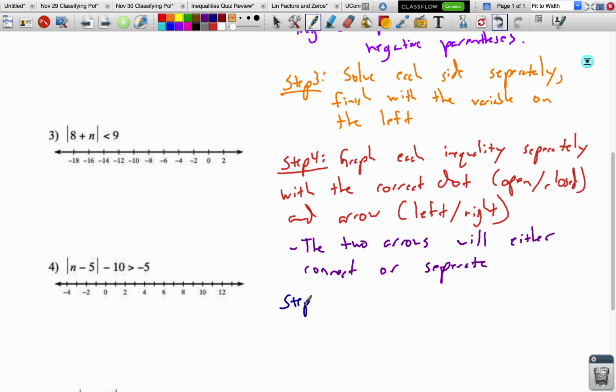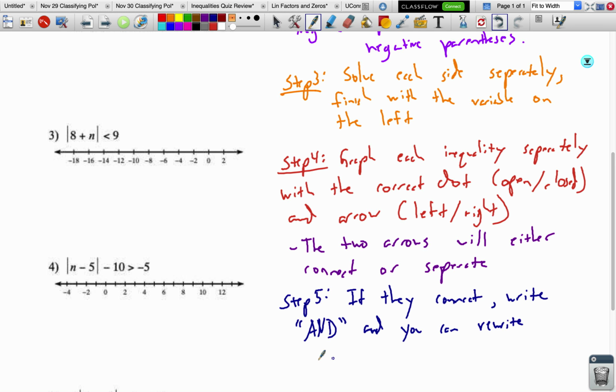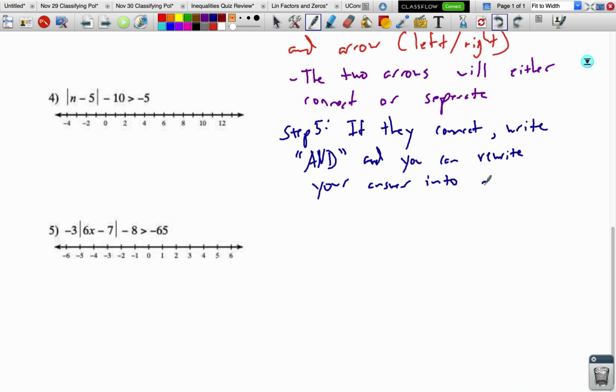Step 5. If they connect, write and, and you can rewrite your answer into a single line inequality.